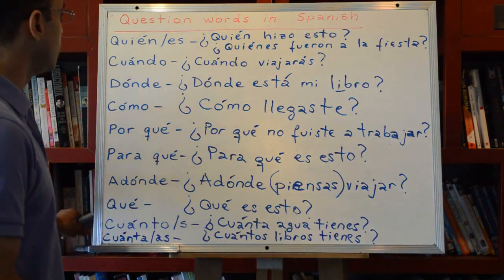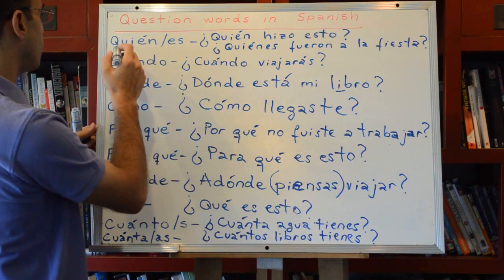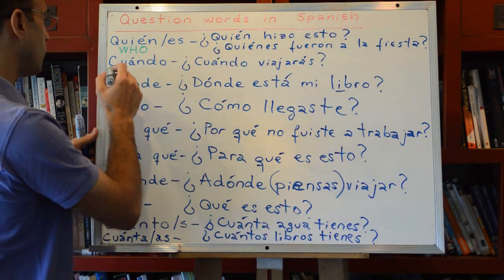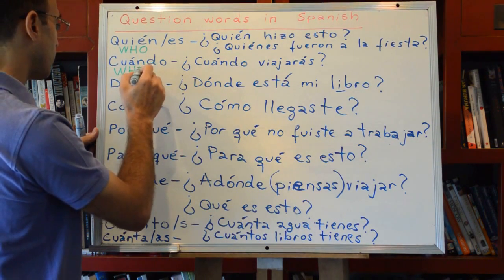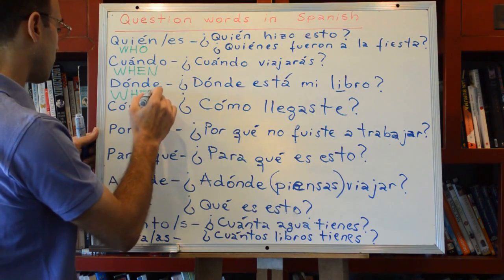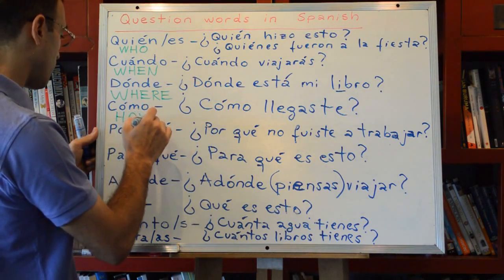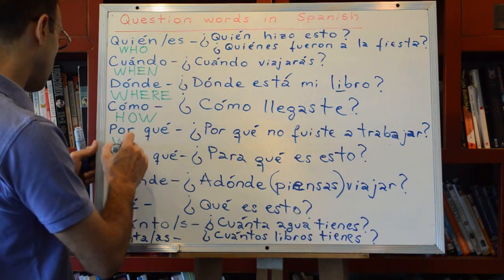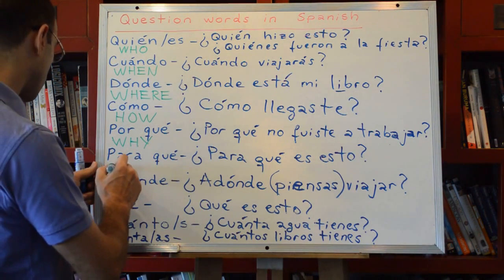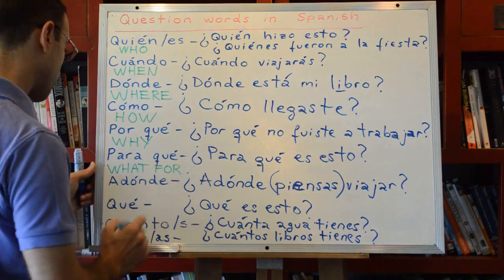Okay, let me write down the meaning here so you can see it again. ¿Quién or quiénes means who. ¿Cuándo means when. ¿Dónde means where. ¿Cómo means how. ¿Por qué means why. ¿Para qué means what for. ¿A dónde?